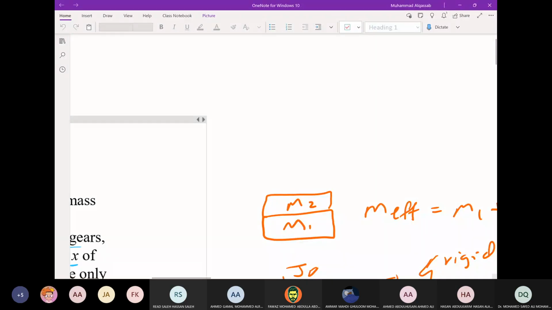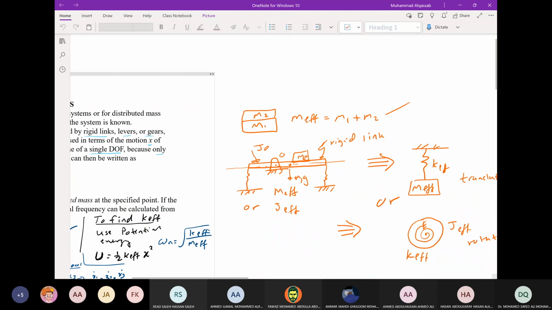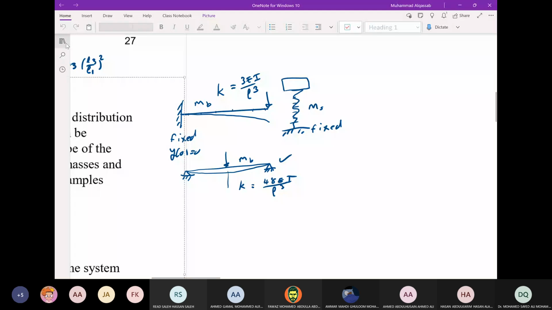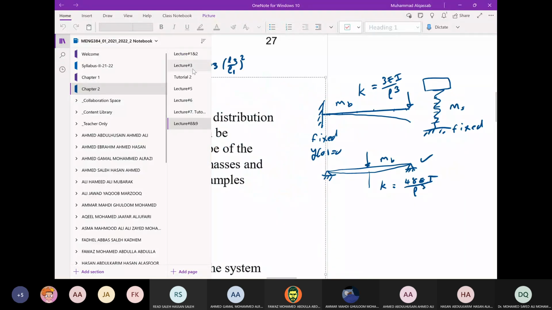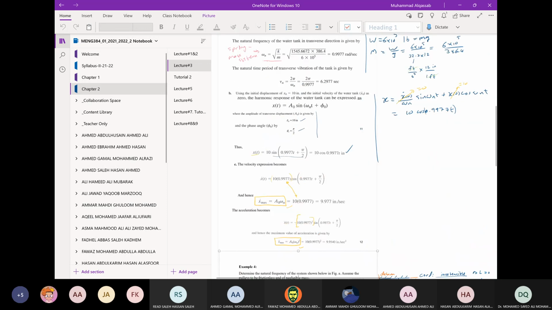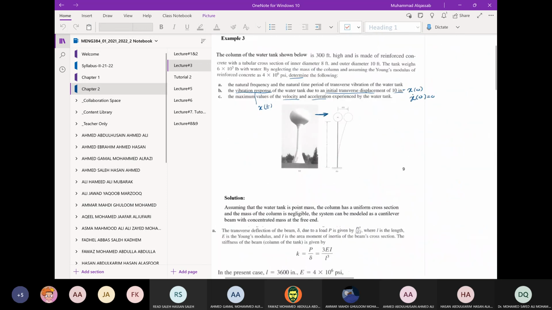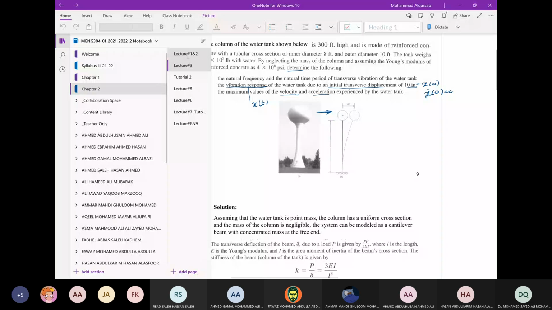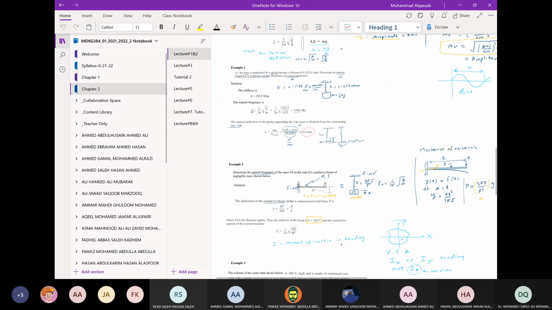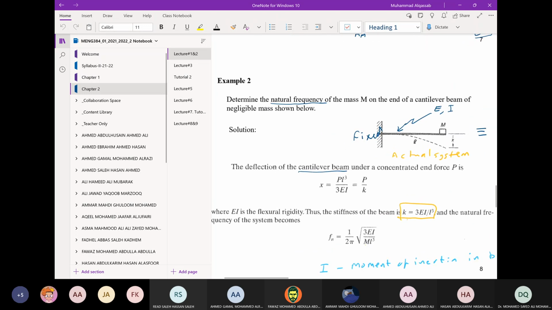Okay, so we have the examples about a cantilever beam that we already did in the beginning somewhere. Yes, this was one of the examples. And this was another example, a cantilever beam with the mass at the end, and the beam mass was neglected, but it is flexible, so it is providing a stiffness.